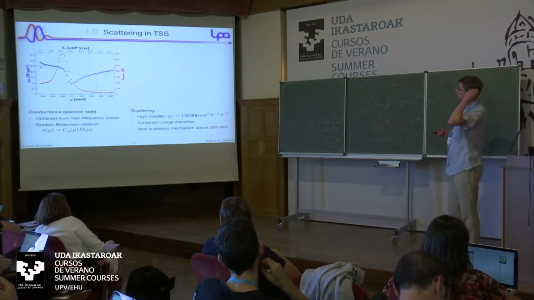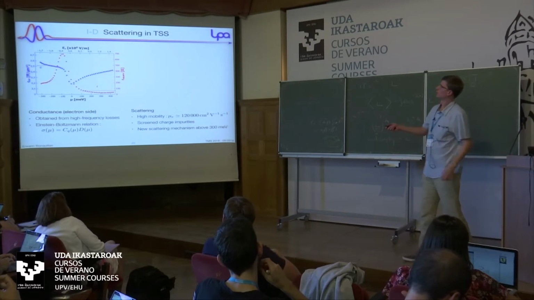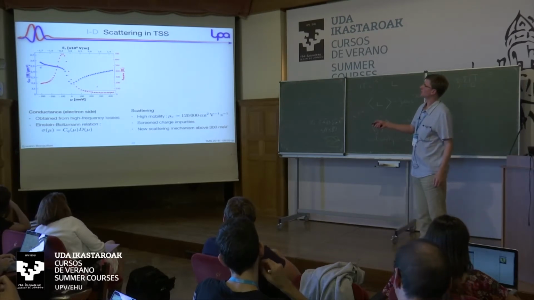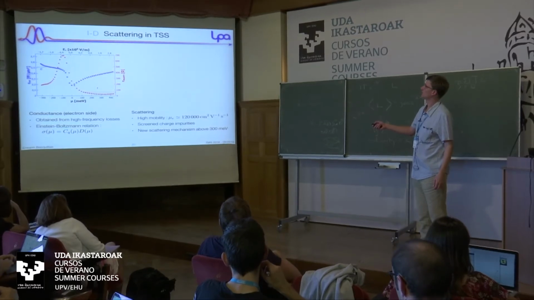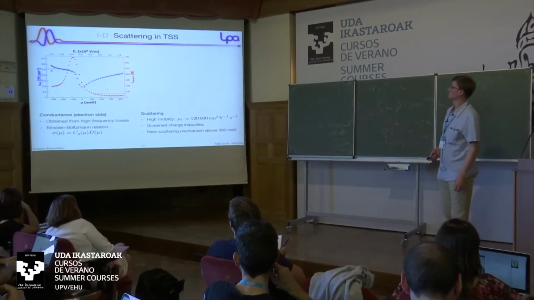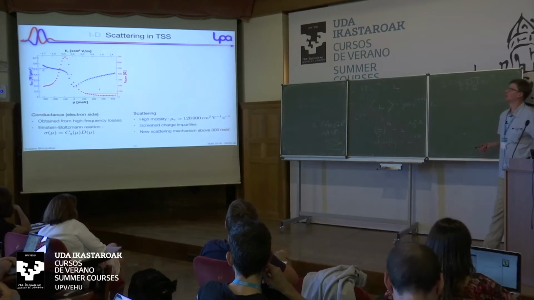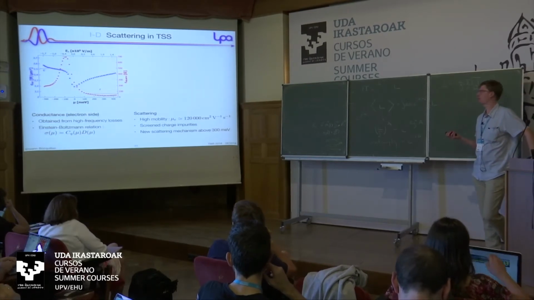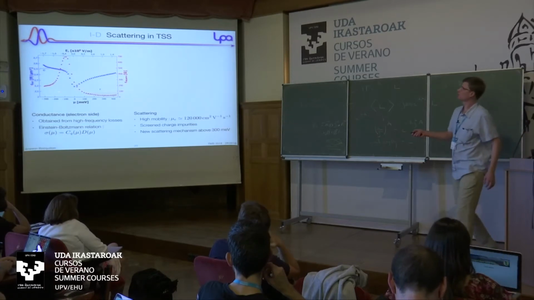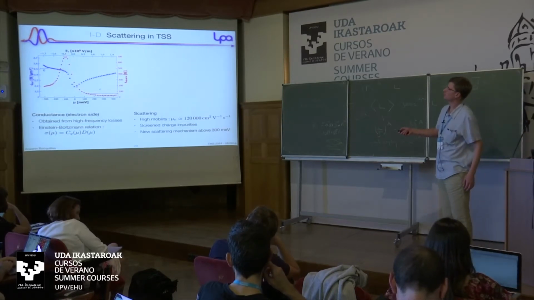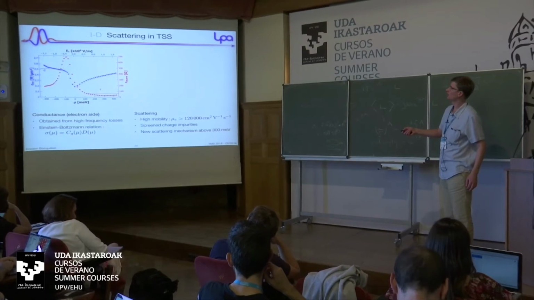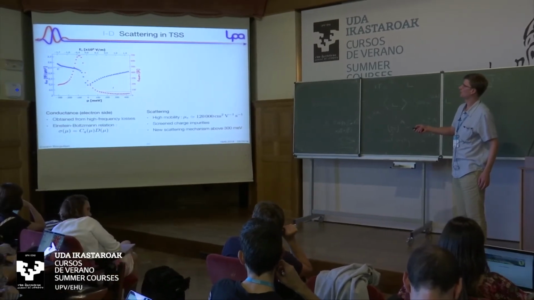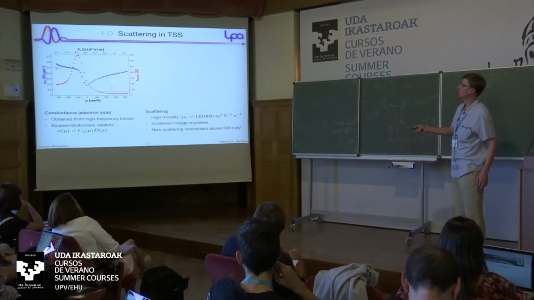Now, if you push the gate even further, you see basically nothing in the capacitance. This continues to rise more or less as previously. But remember, I told you we can also extract the resistance of the layer. And if we look at the resistance, it has this peak near the Dirac point. It decreases as you increase the electron density, but at some point it starts to rise again here.